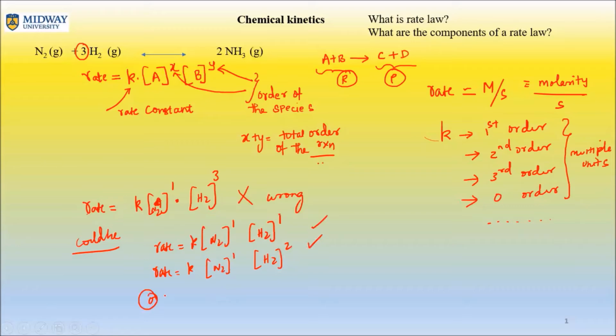Or it could simply be rate equals K H2 power 1. We don't know all this information, okay? All these are possibilities. Don't assume that this value right here is the same as the exponent, okay?